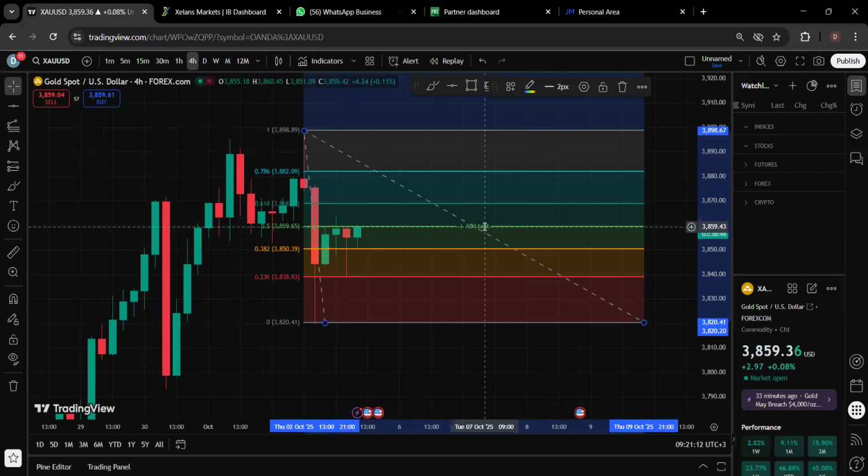Let me even post that in the group. Breakout at around 38.59, then all the way to 3900, 3880.